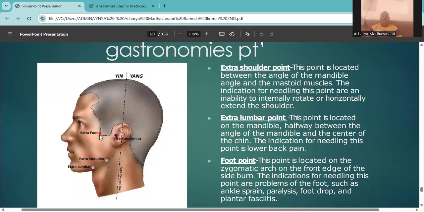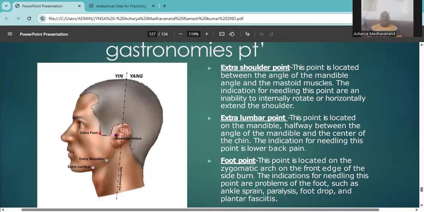When you have knee pain, if the problem is from the backside, then you put needle from the ear side. When you have frontal knee pain, then put needle anterior to posterior towards the ear. I will tell you on Sunday, no problem.